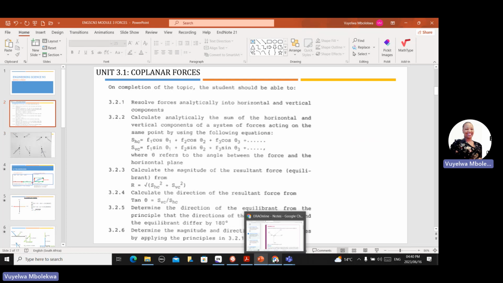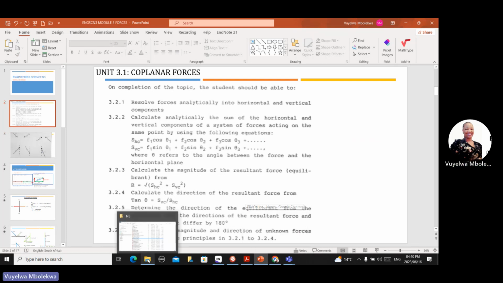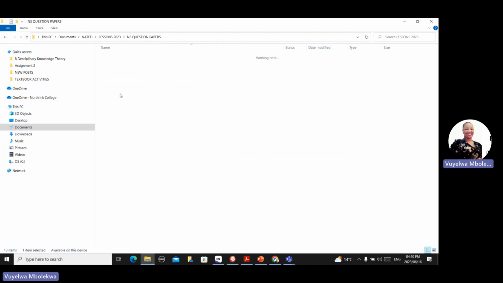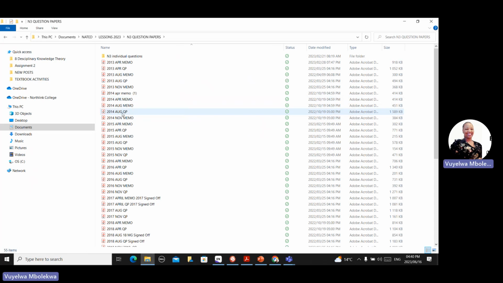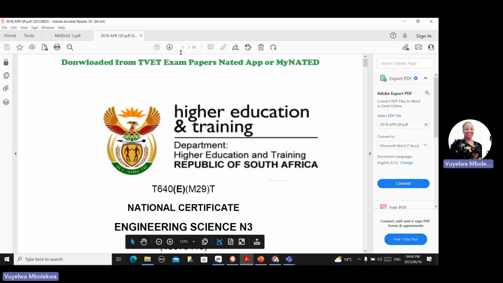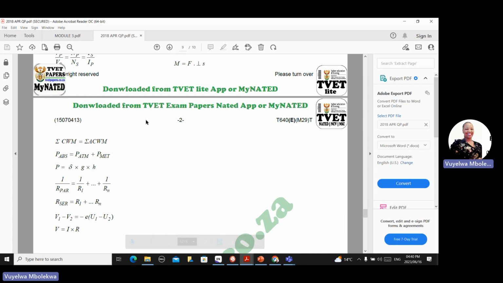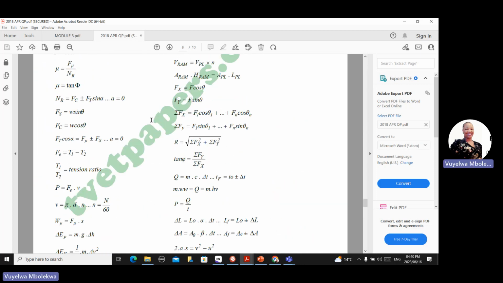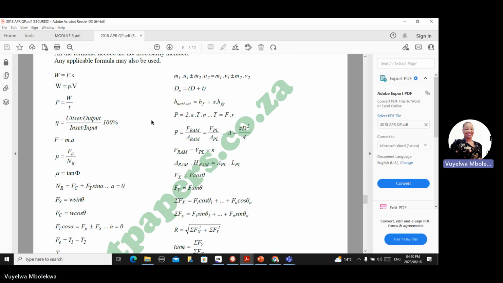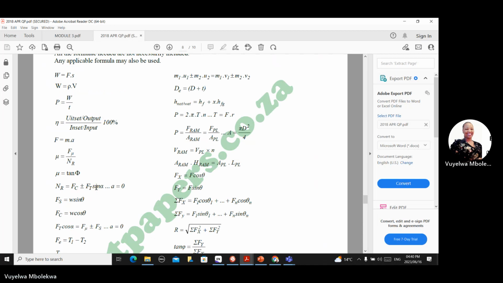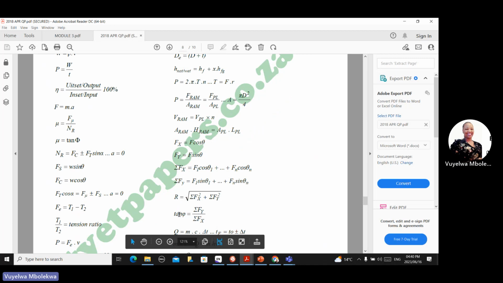Let me take a quick look at the formula sheet, just so you can see what I'm talking about, that the formula is given here. Okay, here is the formula.